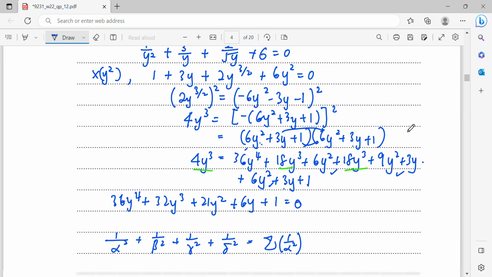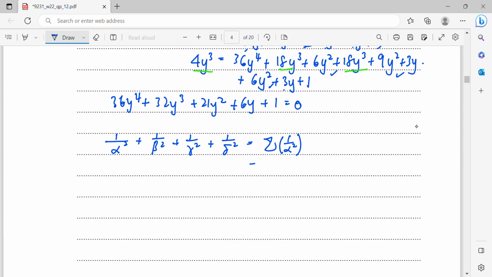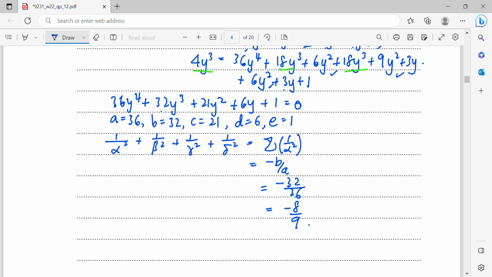If you still remember, summation of the roots is equal to minus b over a, where a is 36, b is 32, c is 21, d is 6, e is 1. Therefore minus 32 over 36, and you can simplify it to minus 8 over 9. That is how we solve the summation of the roots.